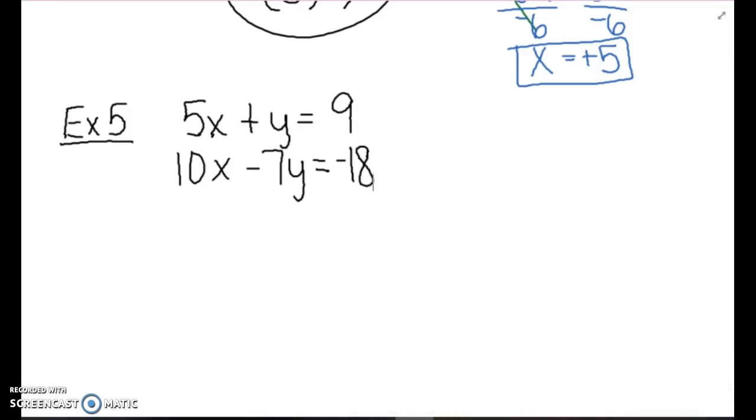So what are we going to do? How are we going to make the x's the same or the y's the same to the point where I can cancel out? So in this example, to use elimination, you choose what you want to eliminate.